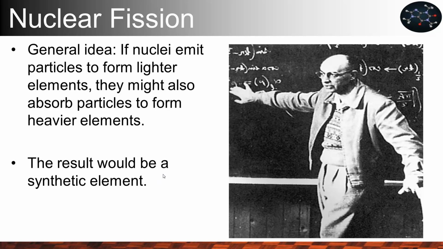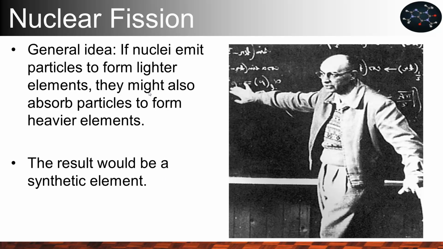So a couple other things we want to cover. One would be nuclear fission. So nuclear fission is where you force an atom to become larger by either putting another full atom's nucleus into it or by shooting neutrons into it.